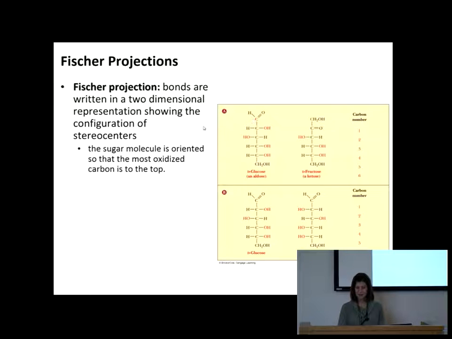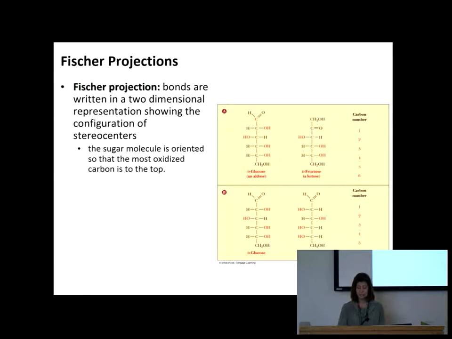All right. So here, the carbon that's dictating whether it's a D or L glucose, or D or L sugar, is carbon number 5, because the last one is carbon number 6. We're going to talk about these numbers a lot. So get used to saying, oh, carbon number 1 is the oxidized carbon, is the carbonyl. So that's an aldose. Carbon number 2 is the oxidized carbon.